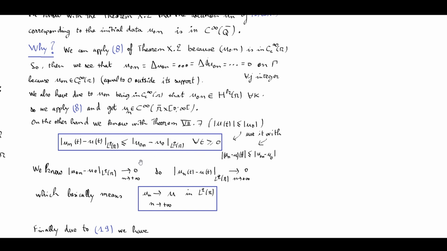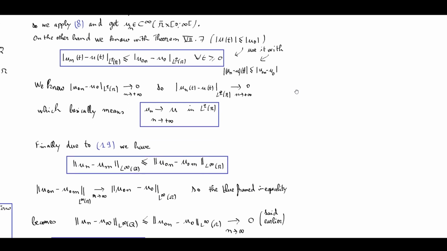Moreover, we know that the L2 norm of u0n minus u0 on omega goes to 0 when n tends to infinity. So the L2 norm of un(t) minus u(t) on omega tends to 0 when n goes toward infinity, which basically means that un converges to u when n tends to infinity in L2 of omega.